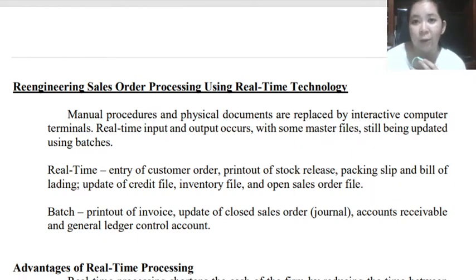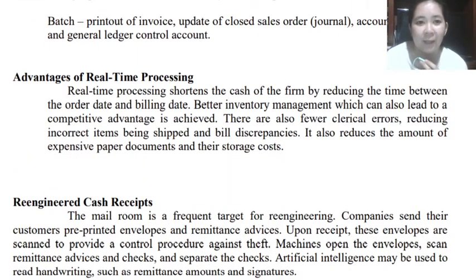So in the batch processing, of course, the entity will accumulate a certain number of transactions before they process it altogether. Okay, so what are the advantages of real-time processing? So here, real-time processing will shorten the cash cycle of the firm by reducing the time between the order date and the billing date. Okay, so better inventory management also will be affected, which can also lead to a competitive advantage.